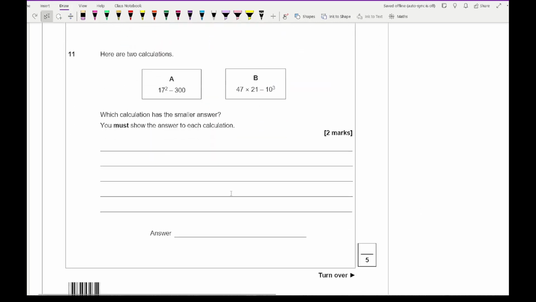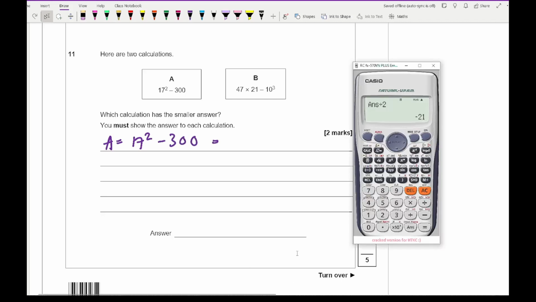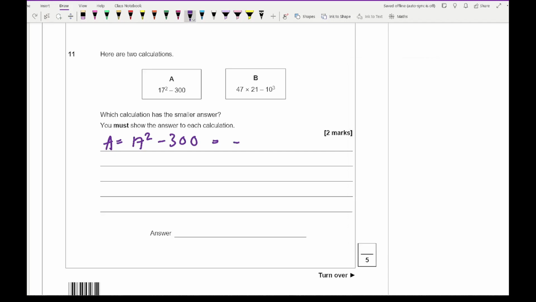The next question, question 11, says here are 2 calculations. It says which calculation has the smaller answer, and you must show your answer to each calculation. So for A, what I've got to do is 17 squared minus 300, and all I'm going to do is simply type that into my calculator. So I've got 17 squared minus 300 equals, and it gives me minus 11.